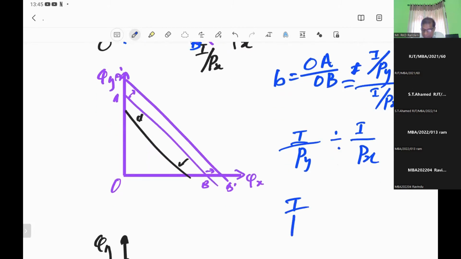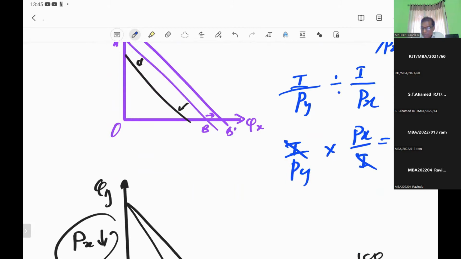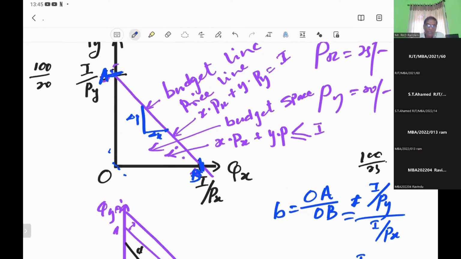I divided by PY into, you have to write this way, the mathematical rule. Then you can remove this I. Then the slope means PX divided by PY. That is how to calculate the slope of the budget line, right?